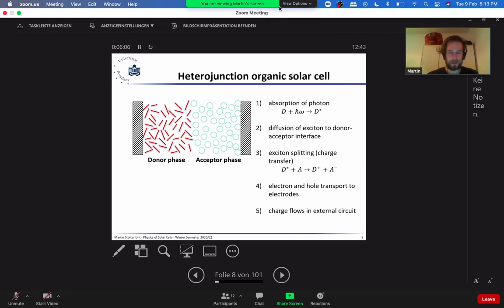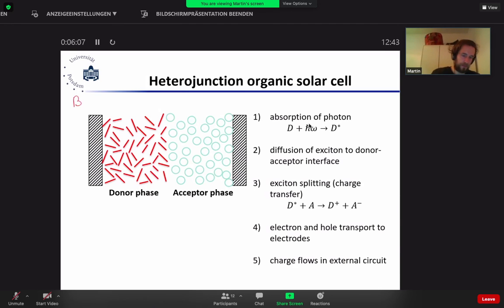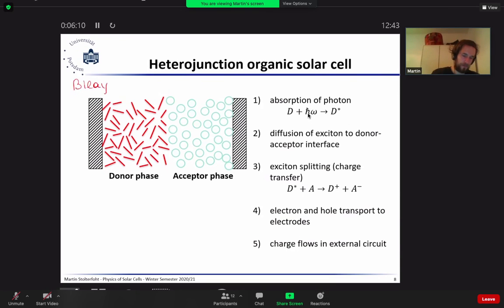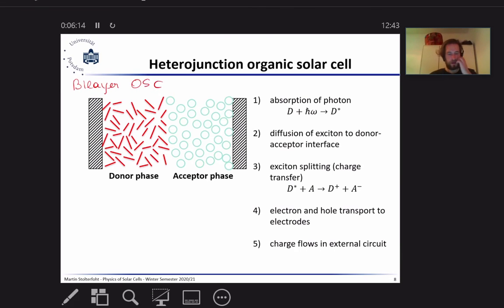And this is known as a bilayer organic solar cell, so not a bulk heterojunction. We have just two layers, the donor and the acceptor. And then this cell works like this. The donor is excited. The exciton can diffuse to the interface.